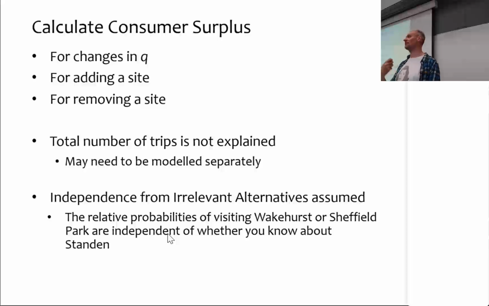If your objective function is to go to as many different places as possible, and sample them all because you like to experience new things, then your probabilities of going to places may actually depend on the opening of a new site or you learning about a new site, right? So this may seem, yeah, we need to assume this. We do assume this in multinomial logit, but not necessarily what you want to assume in every case, right?